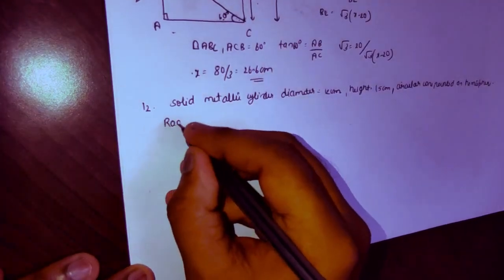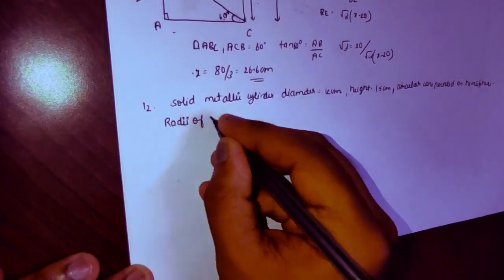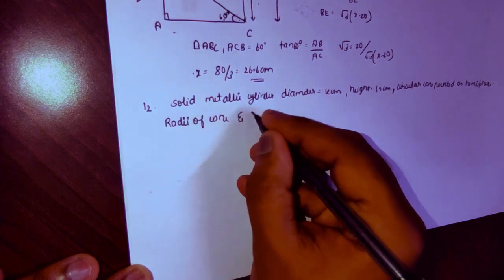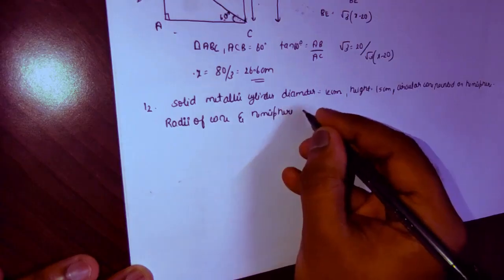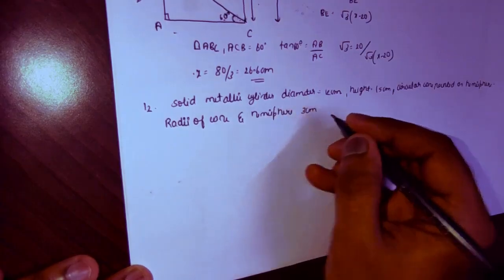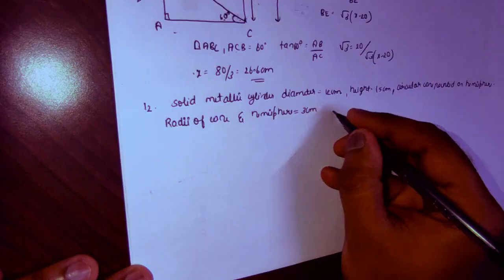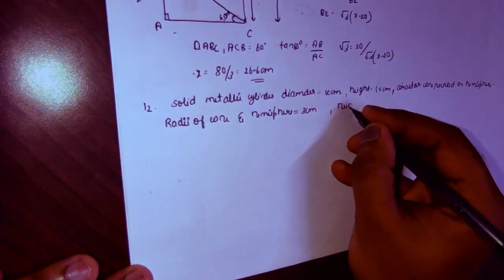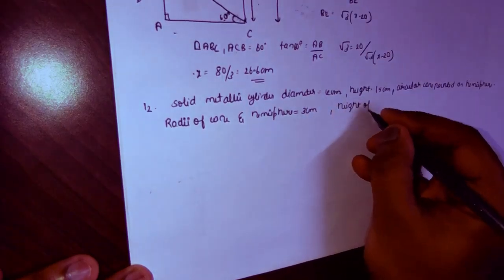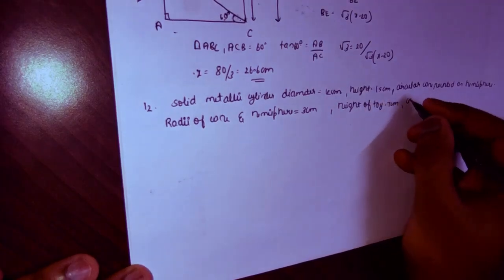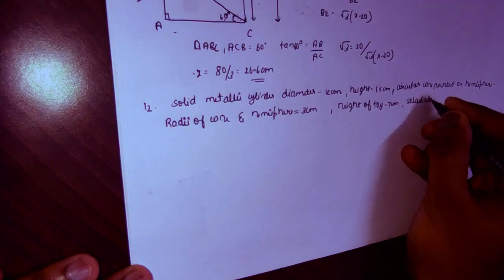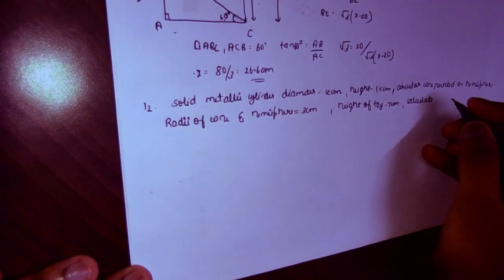Radii of the cone and hemisphere are given, that is 3 centimeter. Both are equal. Then the height of the toy is given 7 centimeter. You have to calculate how many toys can be formed if it is recast.